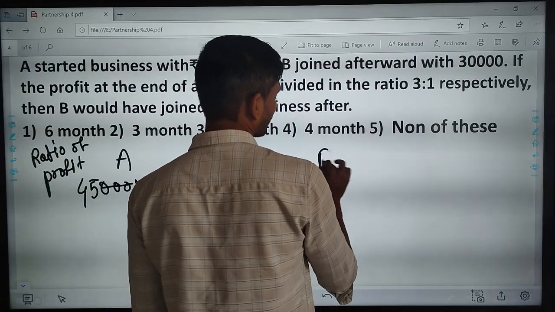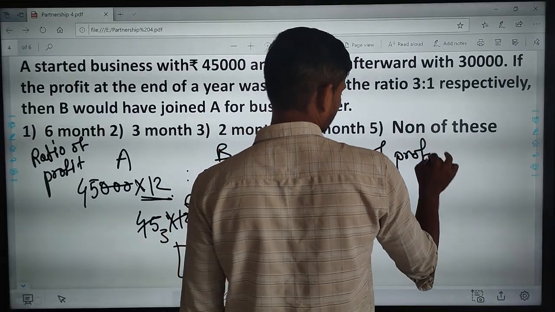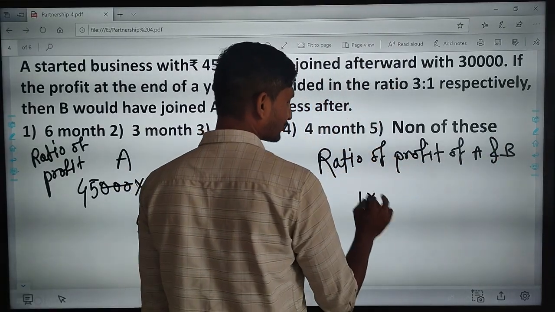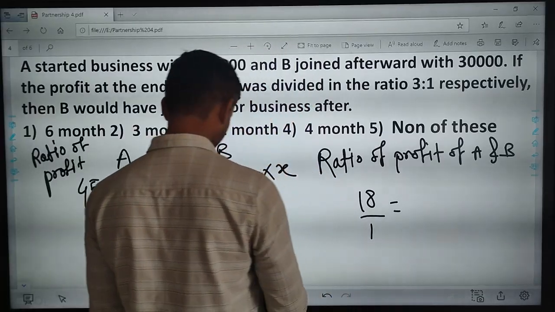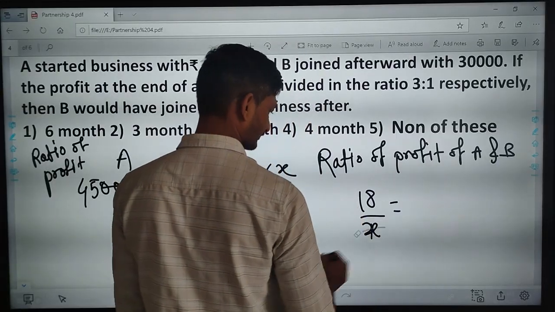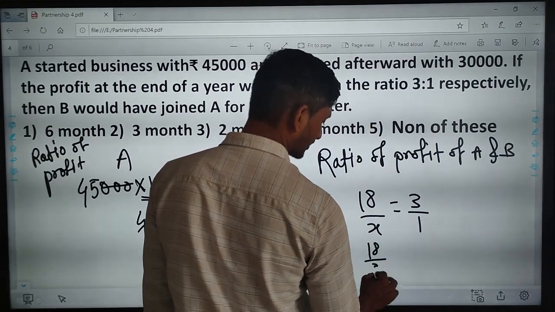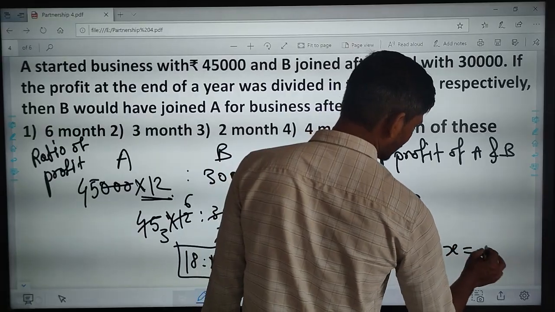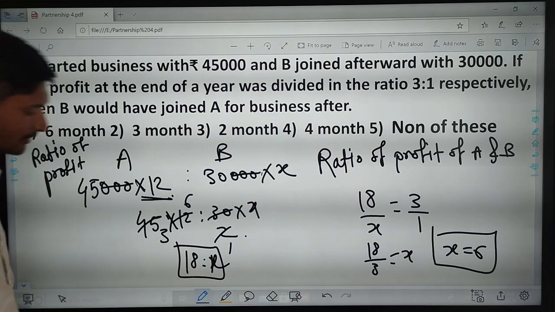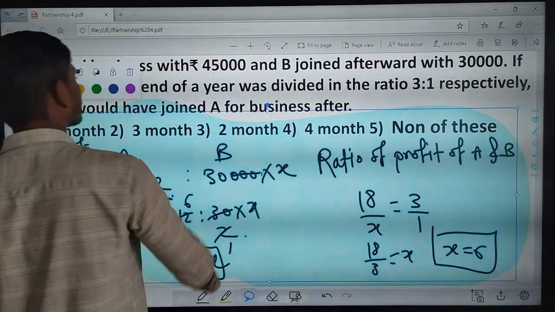Then 18:x is equal to 3:1. Then 18 divided by 3 is equal to x. Then the value of x is equal to 6. Then after 6 months B joined A. Now next.